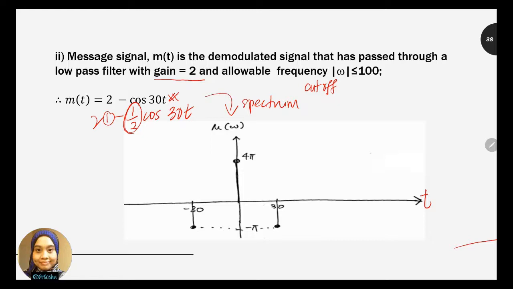Alright, and you need to reflect on the same area, and the 2 is for the value over here, and this is the cos 30t spectrum.